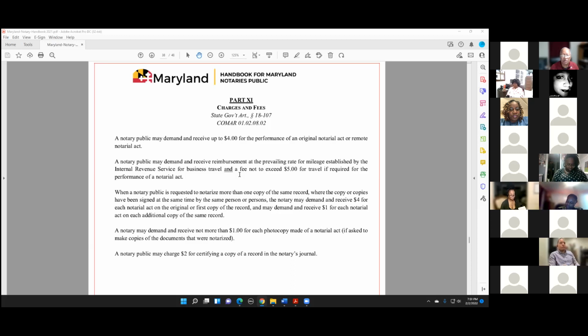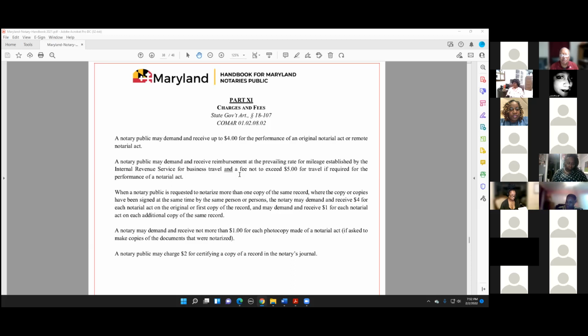But if they bring a document that has copies with it, of the same document, and you have to notarize all 3 copies, then you charge $1 for each signature on that second or third copy.